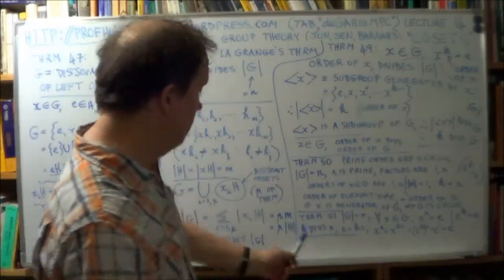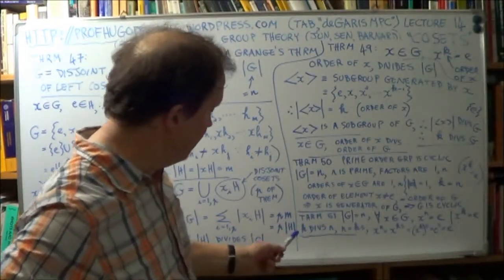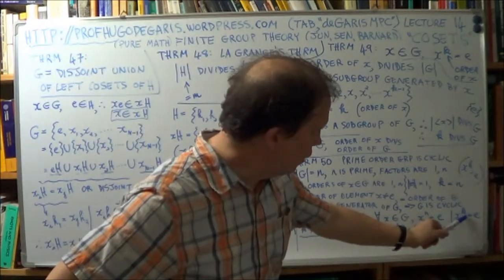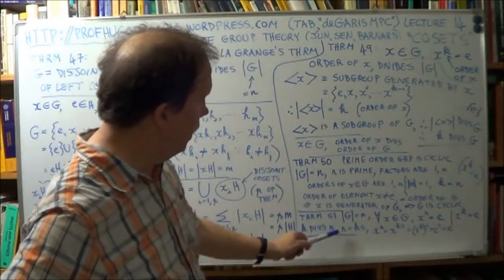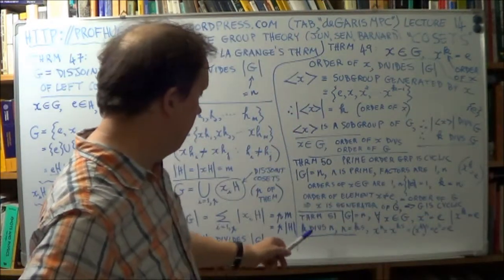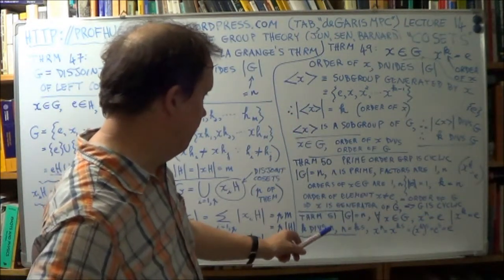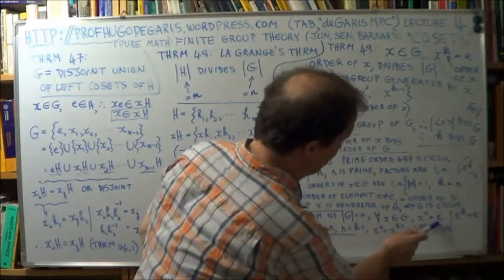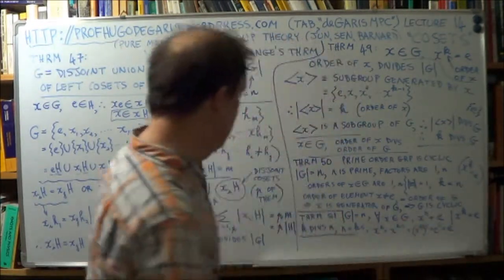Then theorem 51 states that k, that order, will divide n. The statement is this: x to the n is e.